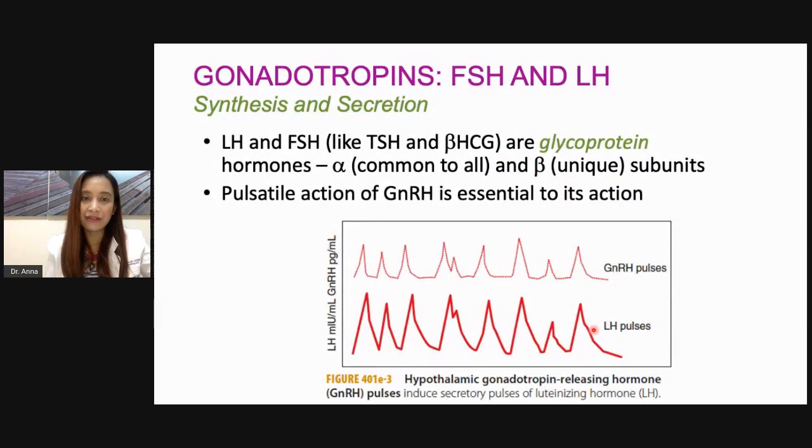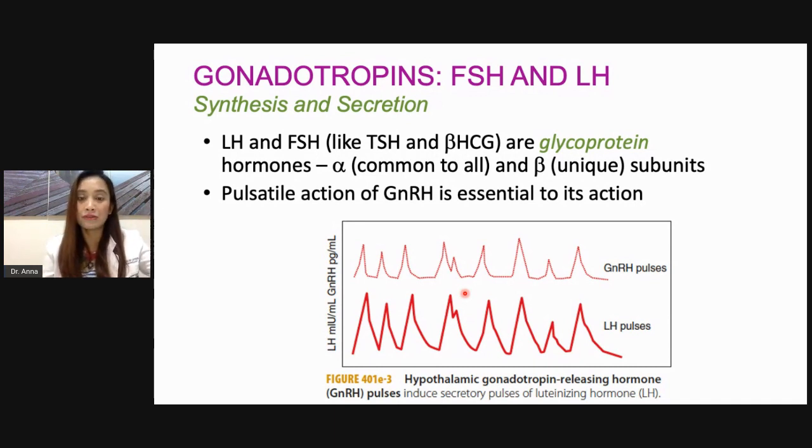So next we go to your gonadotropins, your FSH and LH. Your LH and FSH have homologous structures to your TSH and your beta HCG. I talked briefly about this in our first lesson.